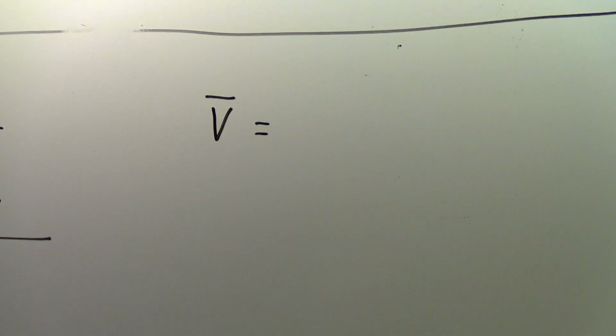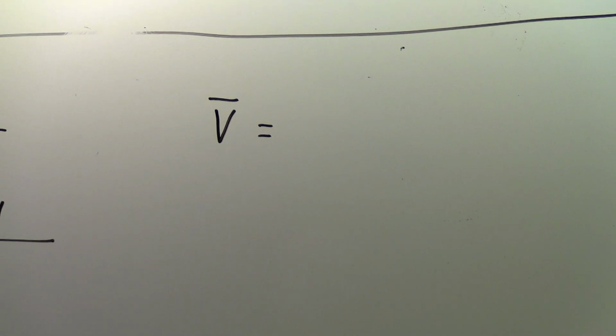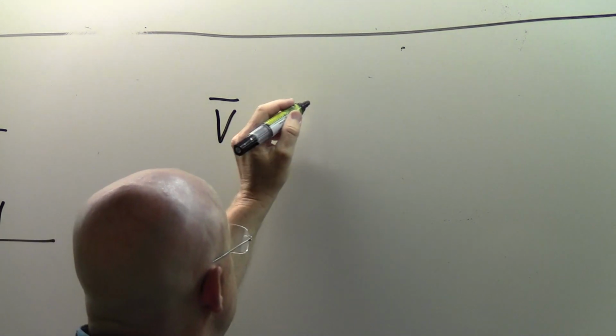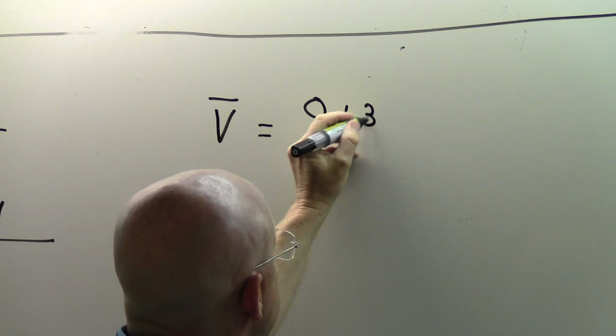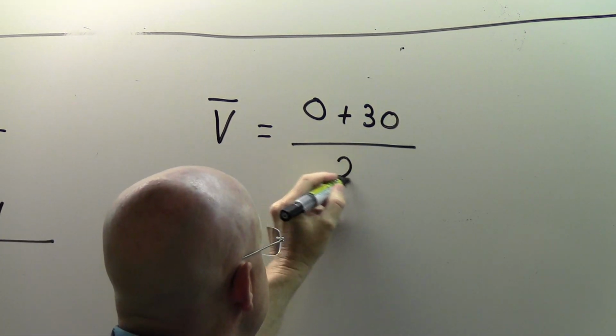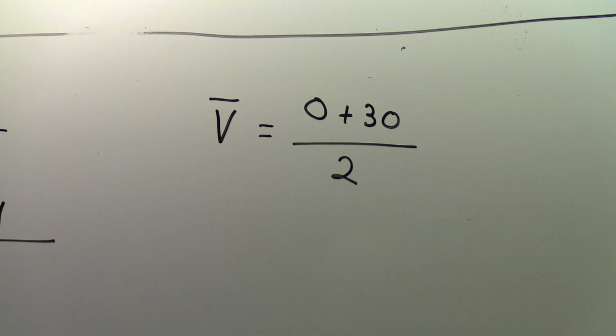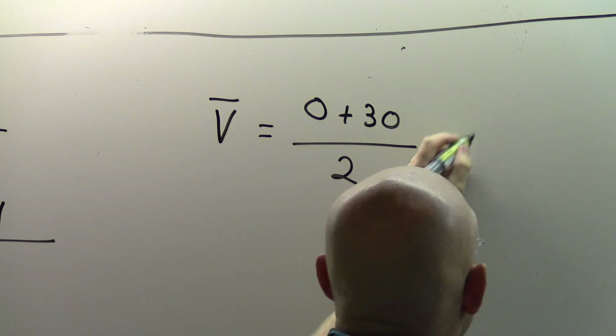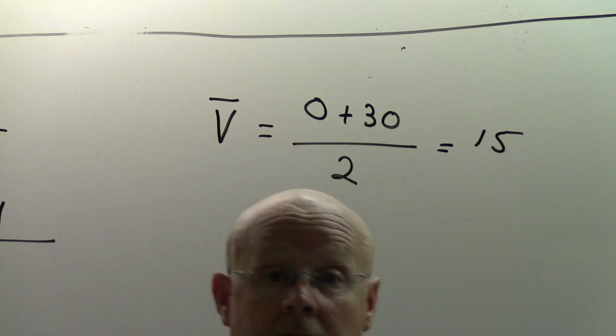I don't know if you're familiar with that mathematical symbol, but that's the traditional symbol we use to indicate an average. So this is average. And so I would take my 2 numbers, 0 and 30, add them together, and then divide by how many numbers I have. I have 2. And so my average speed is going to be 15.